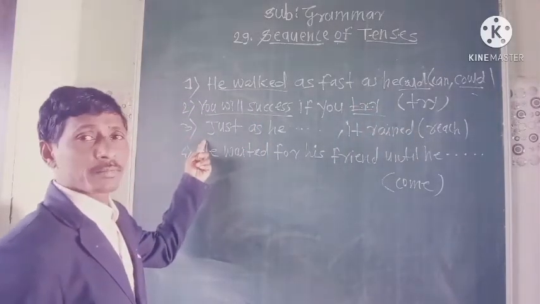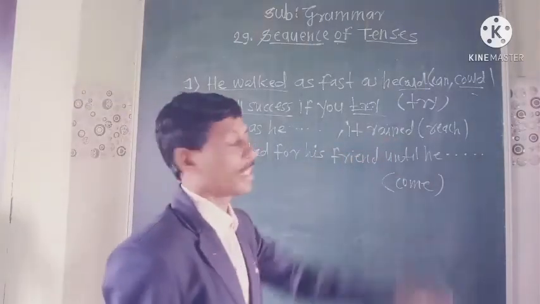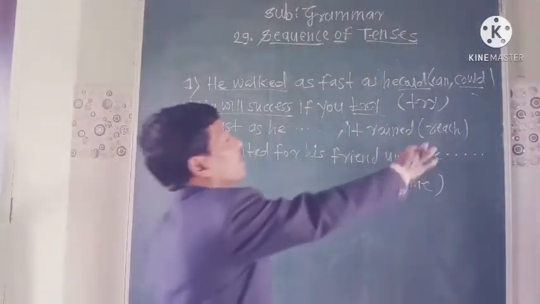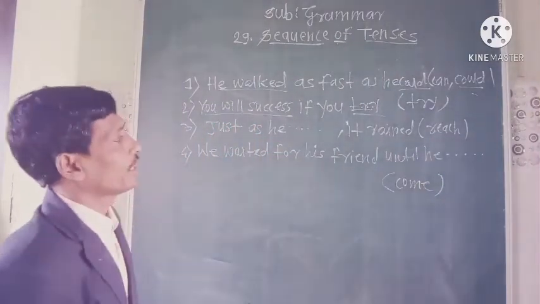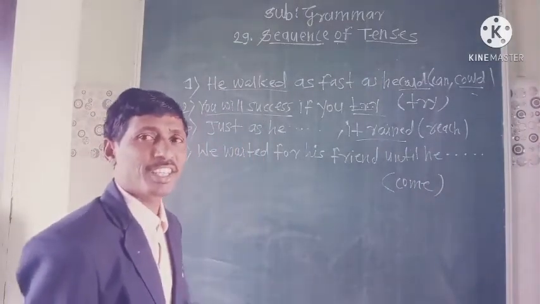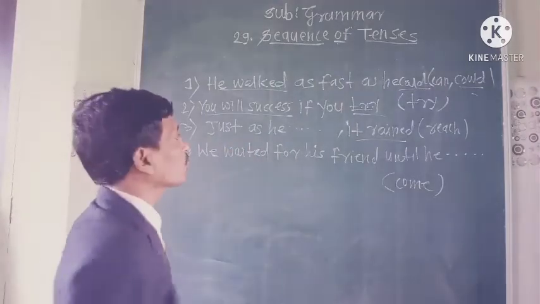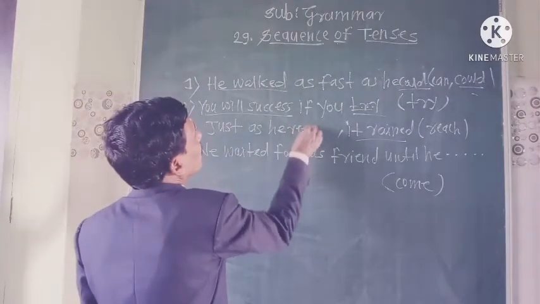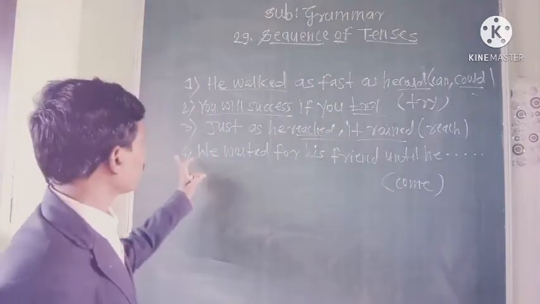Example third: just as he, it rained, and the verb given in brackets is reach. Here the dependent clause is in past tense, so the verb reach is written in past tense, reached.